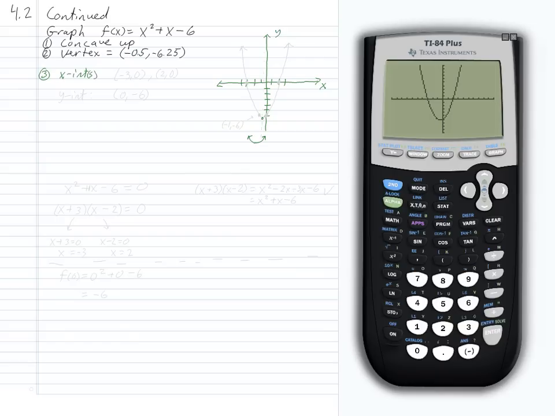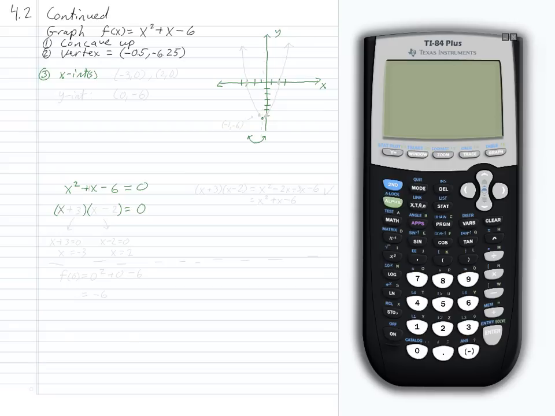X-intercepts. To find those, we are going to let our function x squared plus x minus 6 be equal to 0. And again, I like to start off solving these types of equations by trying to factor and seeing how that goes. So can I factor x squared plus x minus 6 into binomial terms, or factors rather?